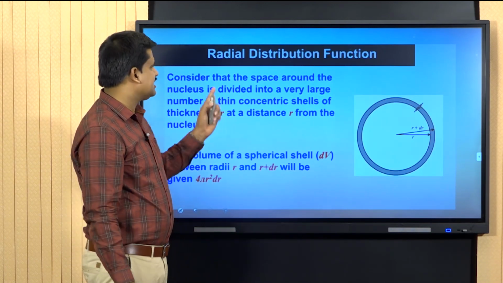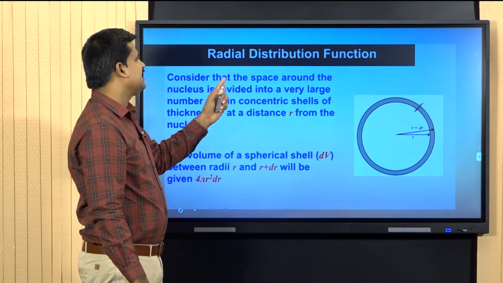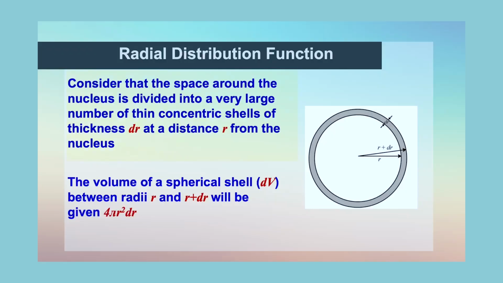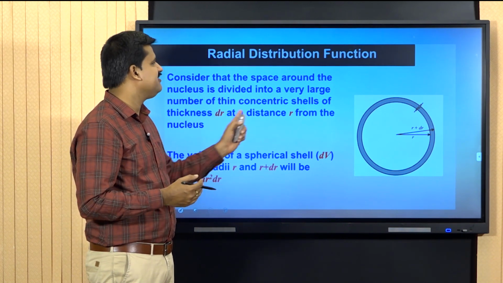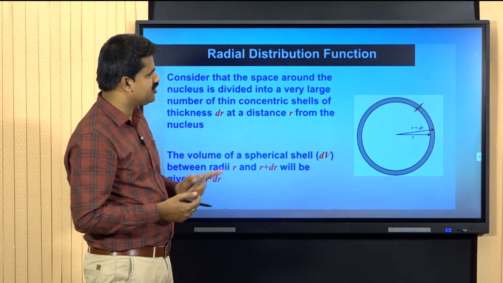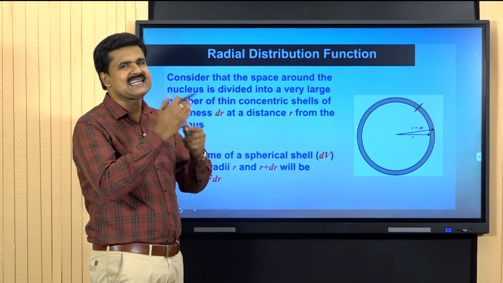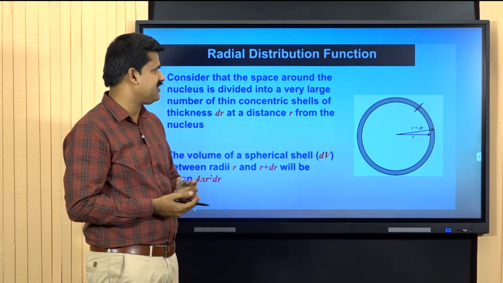Now, consider that the space around the nucleus is divided into a very large number of thin concentric shells, each shell having thickness dr, which are at a distance r from the nucleus. Such concentric shells are shown in the figure.